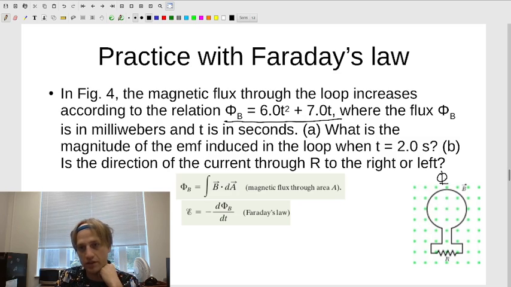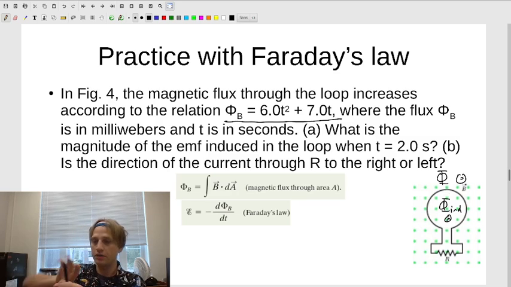Okay, so my flux is pointing out of the page, it's getting bigger, and so in this case my induced voltage will, by Lenz's law, try to oppose that direction. Okay, so the induced field will be going into the board because the applied is coming out of the board.